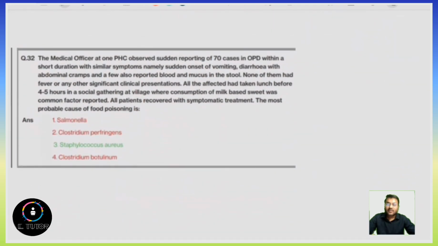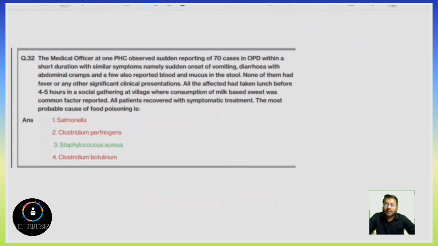The medical officer at one PHC observed sudden reporting of 70 cases in the OPD within a short duration with similar symptoms, namely sudden onset of vomiting, diarrhea with abdominal cramps, and few also reported blood and mucus in the stool. None of them had fever or any other significant clinical presentation. All the affected had taken lunch 4 to 5 hours before at a social gathering in the village where milk-based sweets were consumed.